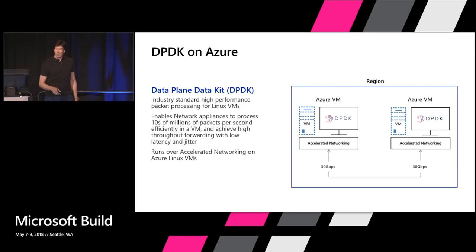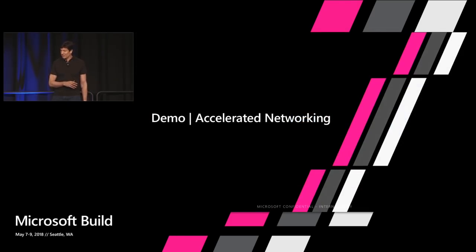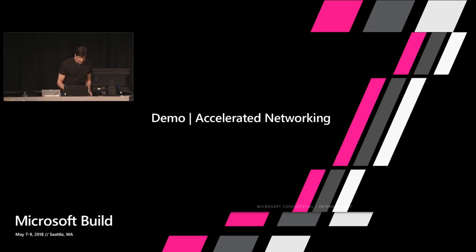And so with DPDK, we're seeing even amazing jumps in performance and latency from what we had before with just the standard networking stacks in the operating system. So I want to show you a quick demo of our accelerated networking at work. So I'm going to come over to this machine here.